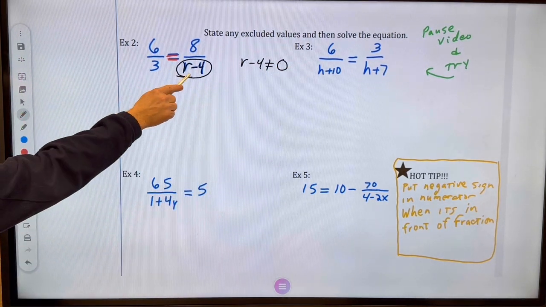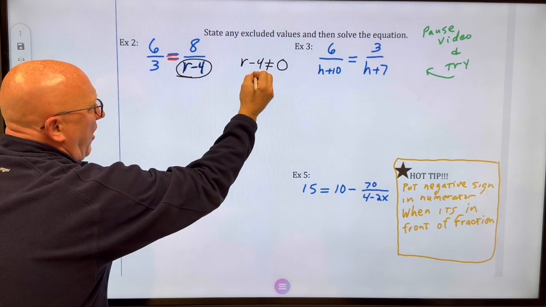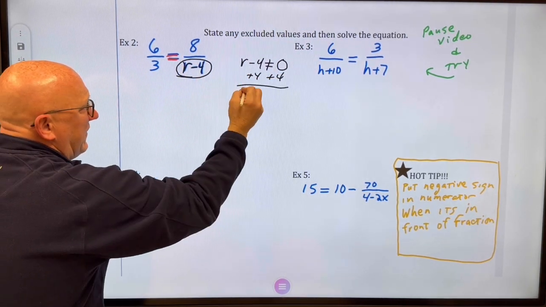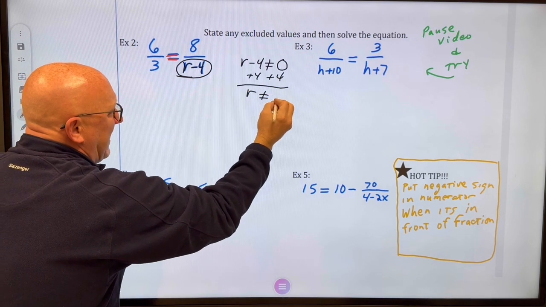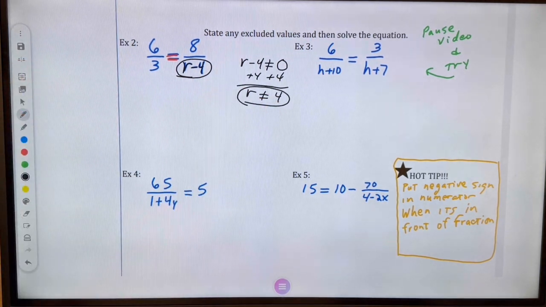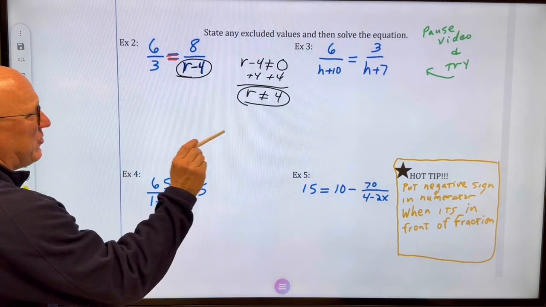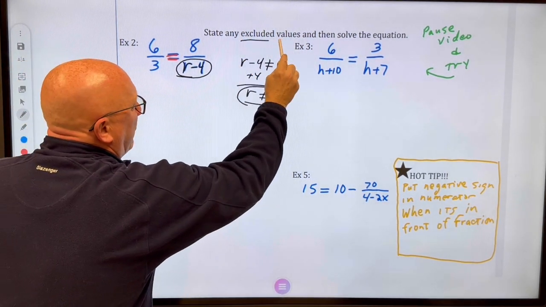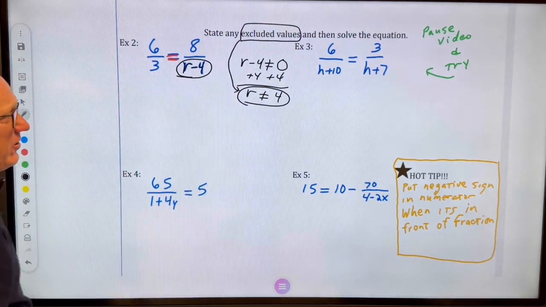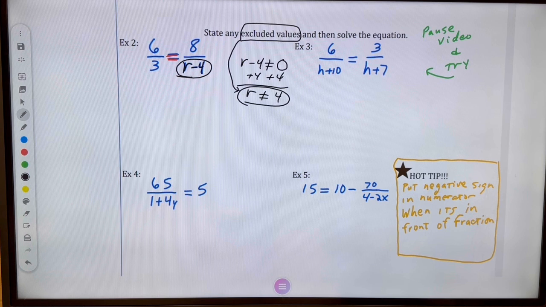And so off to the side, we go ahead and solve for when that's going to be 0. And in this case, r cannot be 4. So that's part of the process of solving rational equations. We have to write the values that are excluded. And in this case, the value that's excluded from this particular solution set is 4.